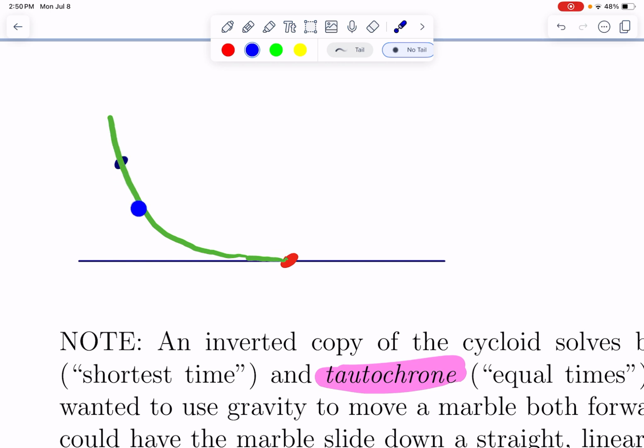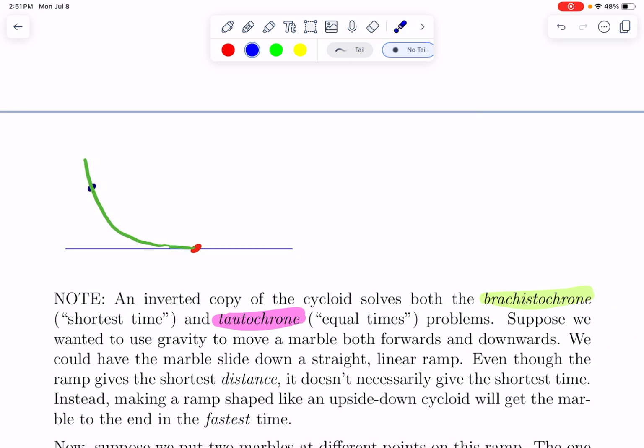And the shape that does this most efficiently turns out to be that cycloid we saw, only upside down. So an upside down cycloid solves the brachistochrone problem. If you want to get your ball from here to here, using gravity to make it get there as fast as possible, not the shortest distance, but the quickest time, put it on a curve like this.